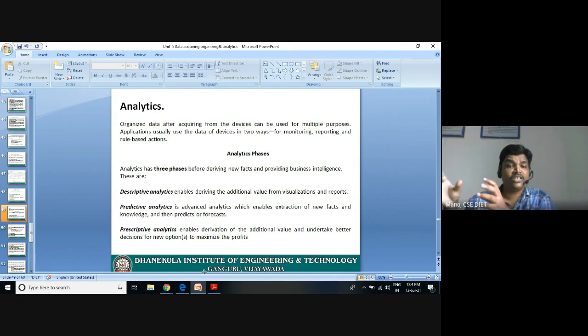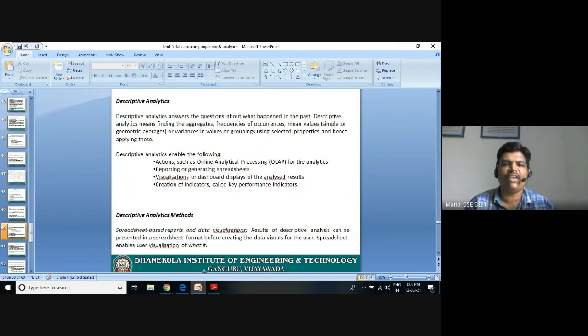And prescriptive analytics, like descriptive analytics, provides additional value, and it will undertake better decisions for new options to maximize our profits. So these are the three types of analytics phases.